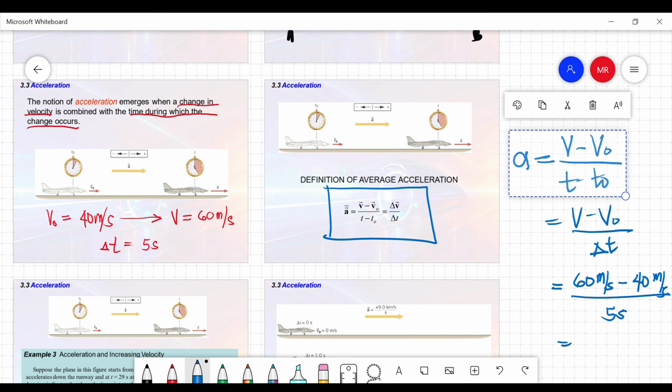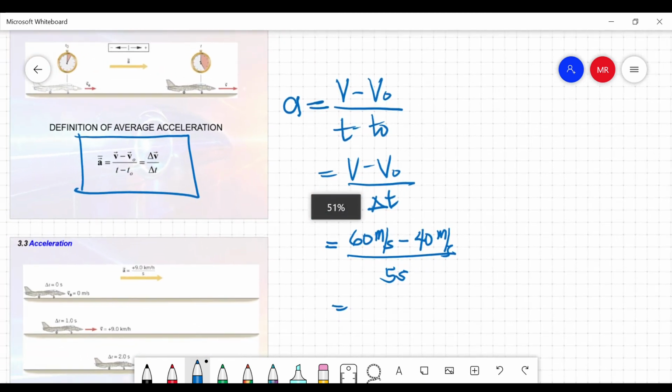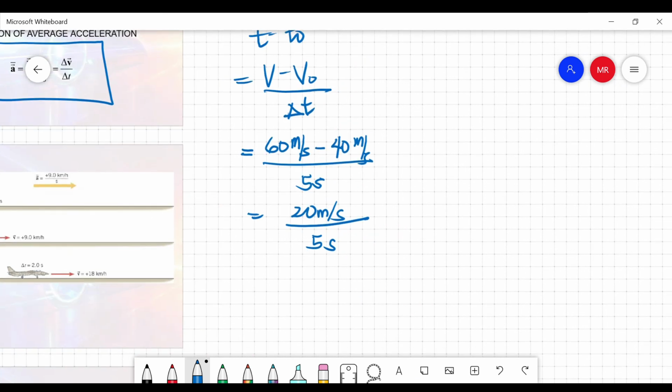Now, let me just highlight this one. So, 60 meters per second minus 40 meters per second, this is 20 meters per second divided by 5 seconds. Okay, so 20 meters per second divided by 5 seconds, this is 4.